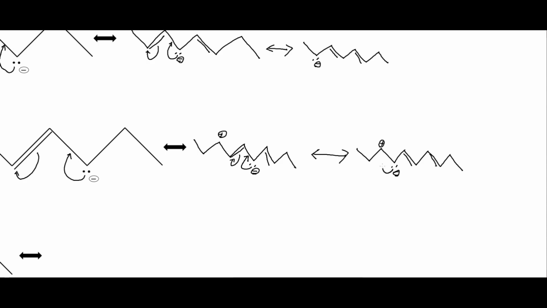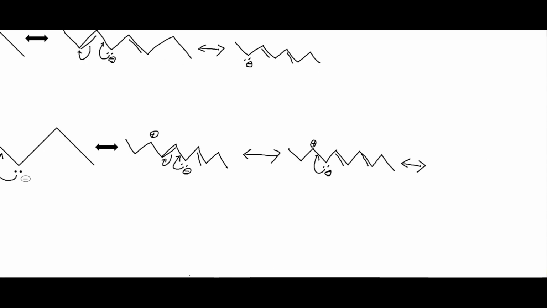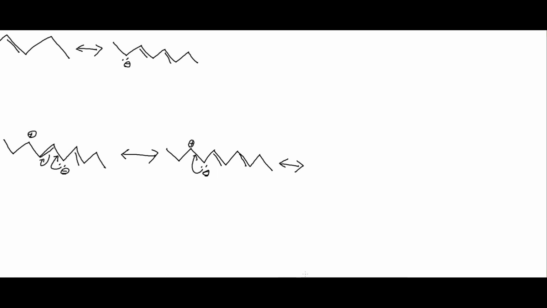And so then we will see this collapse down here. And so we will end up with yet another resonance structure here. And what we'll find is that now, 1, 2, 3, 4, 5, 6, 7, 8, 9, 10. Now we have a double bond there, there, and there.